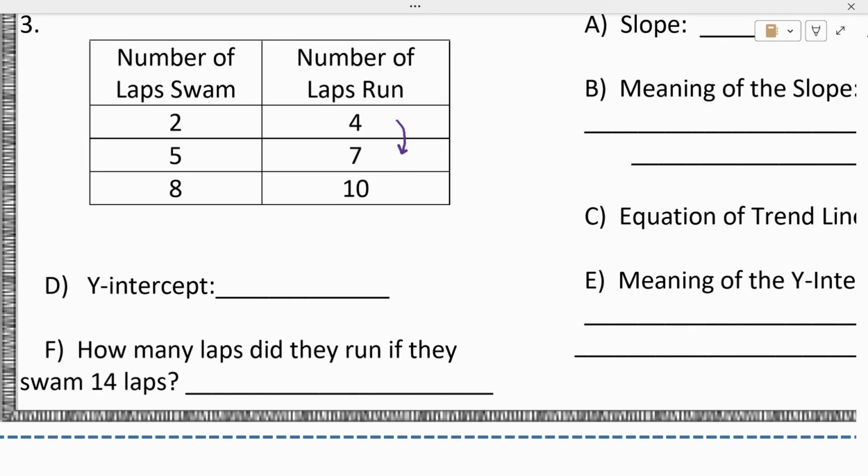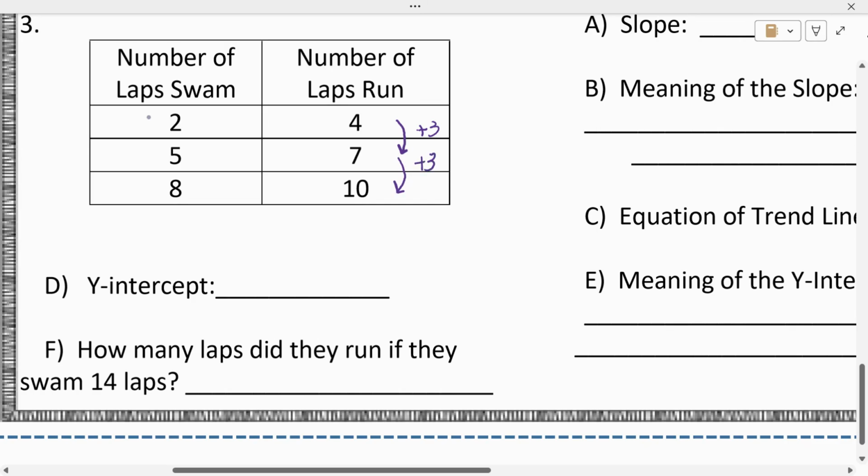What do we do in the last two examples, Tyler? We look to see the what? Okay, so I look to see what I'm adding or subtracting from one point to the next. So what am I adding or subtracting to get from the 4 to the 7? Okay. What about to get from the 7 to the 10?